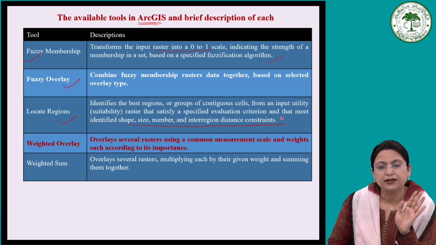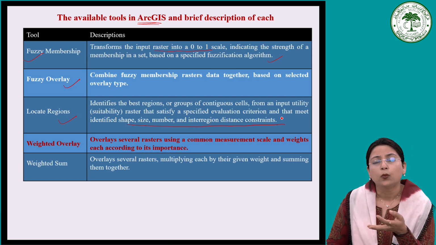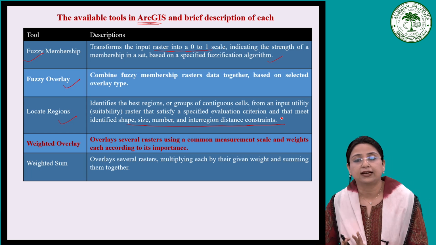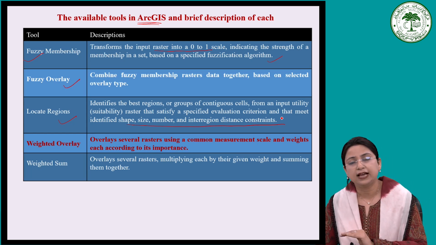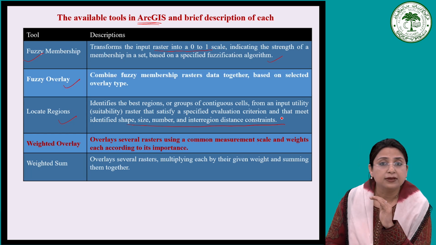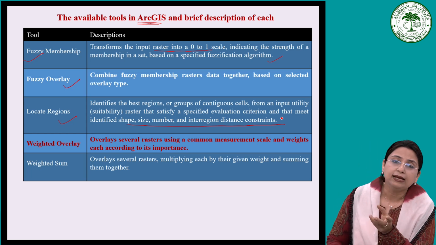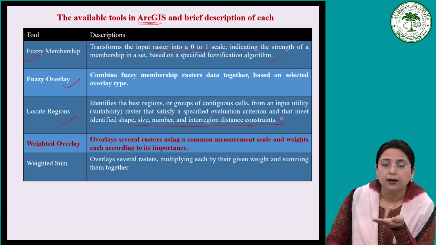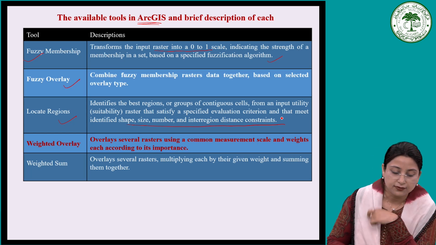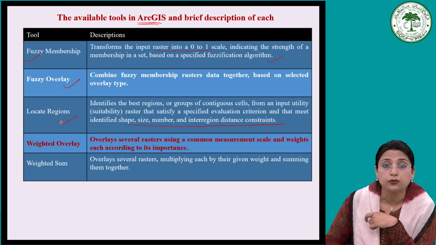Overall, we can say it identifies the region which meets our set criteria, whatever criteria we have set for the problem. Accordingly, the best location can be identified through locate regions.